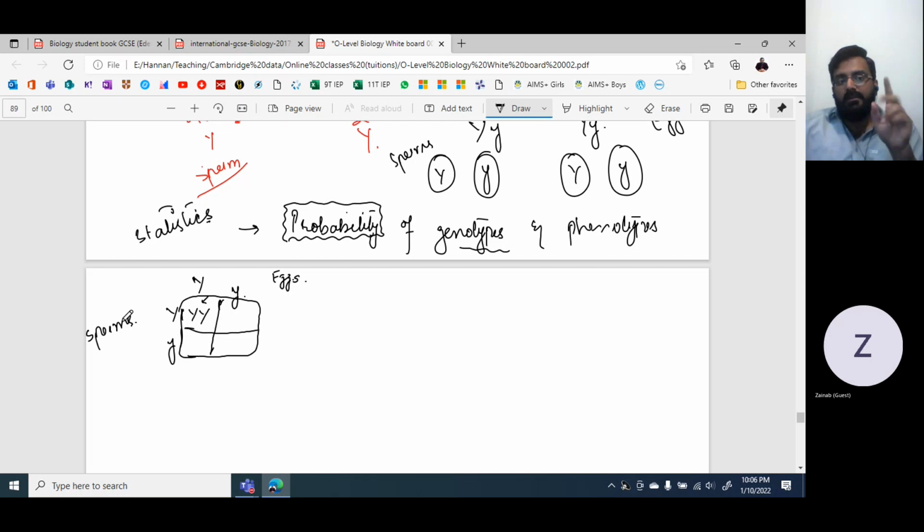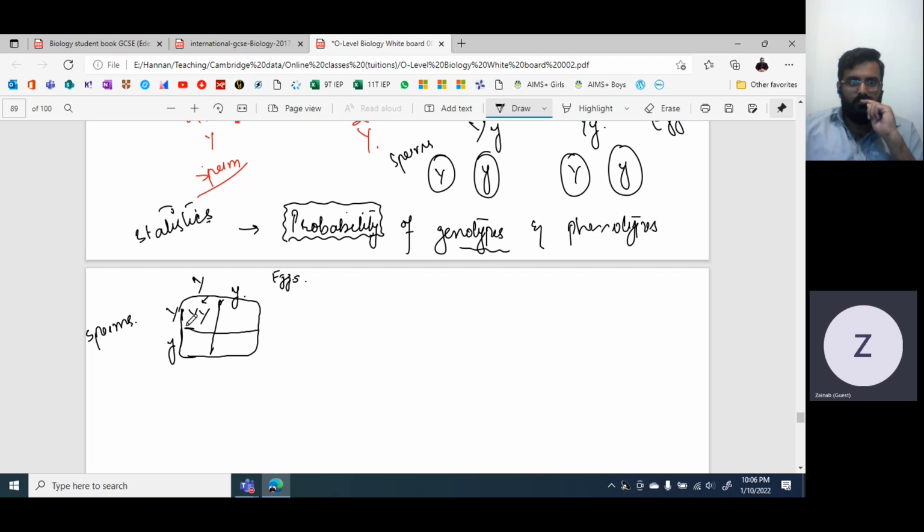Okay. And what should be the phenotype of this expression? It would be a yellow plant. Yes. Well done.